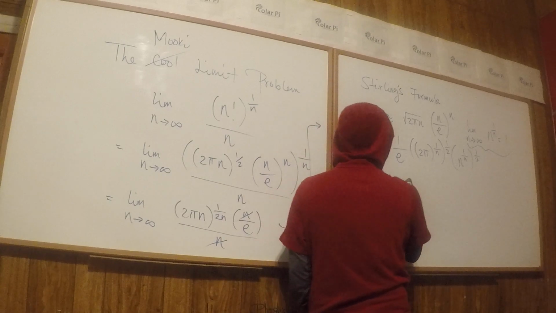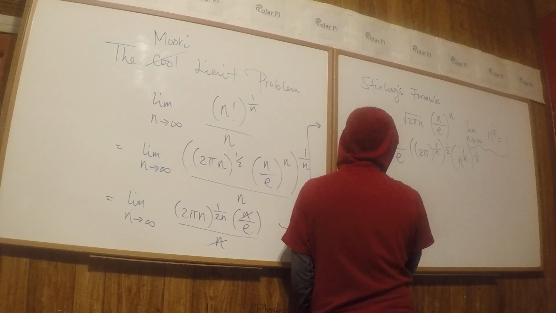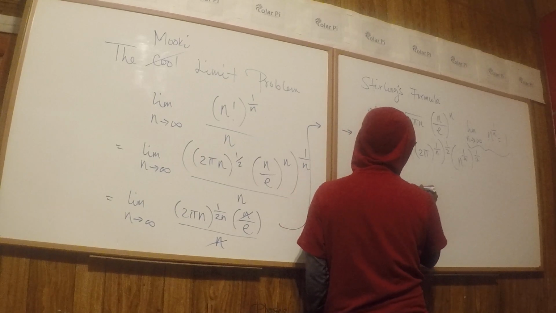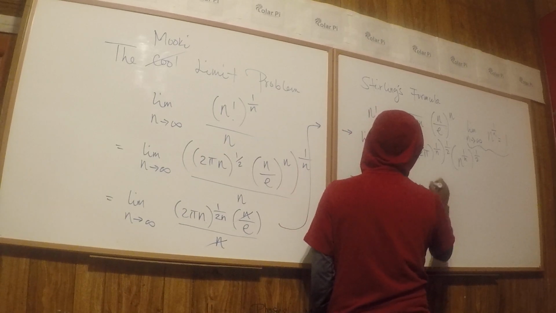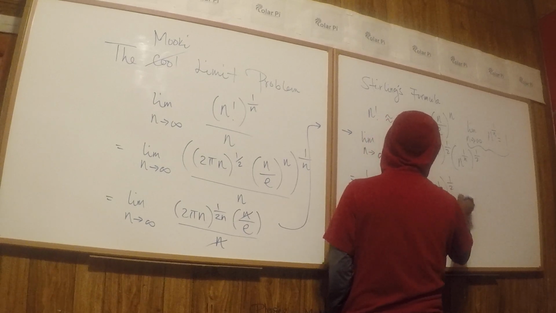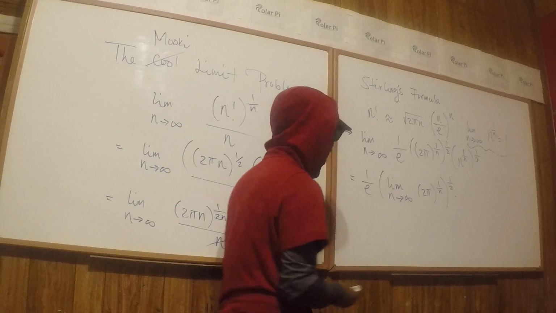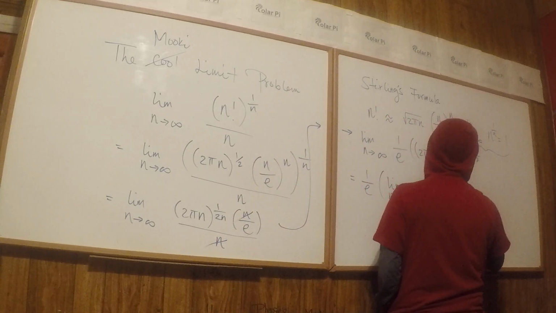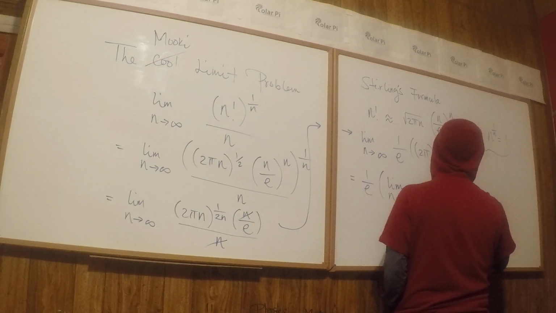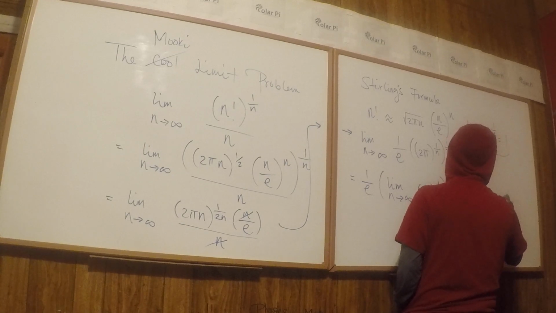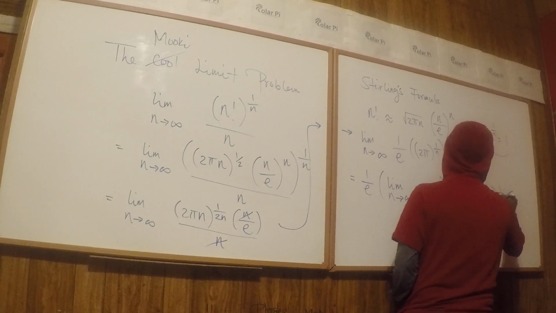So the limit as n goes to infinity of 2 pi to the power 1 over n, all of this to the 1/2, times the limit as n goes to infinity of n to the power 1 over n, to the 1/2.